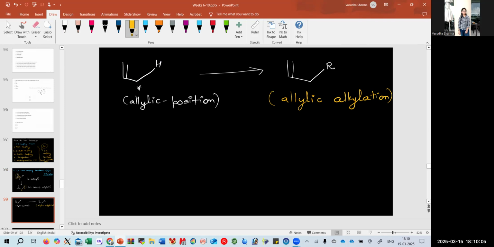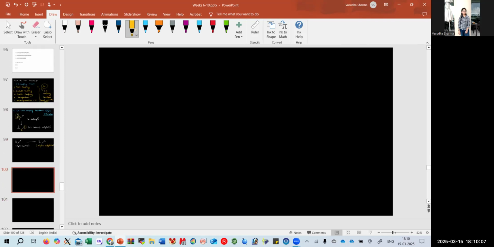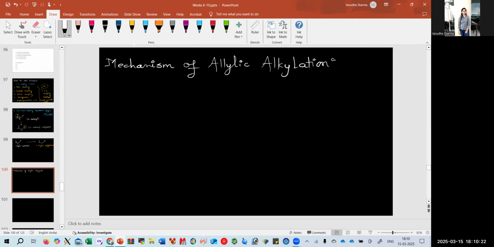So how does this occur, and what is the mechanism? We will look into that. We will be talking about the general mechanism of allylic alkylation, which will help you understand and solve problems wherever you see an allylic alkylation process likely to be happening.